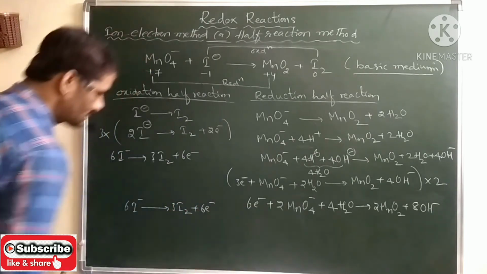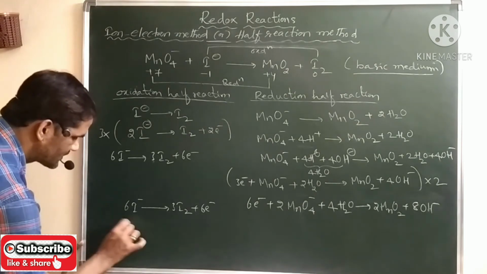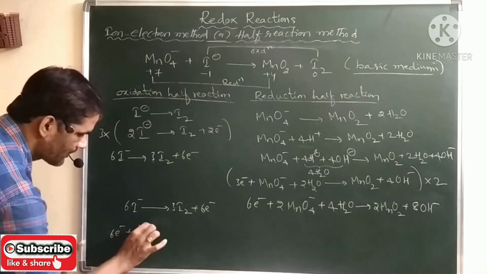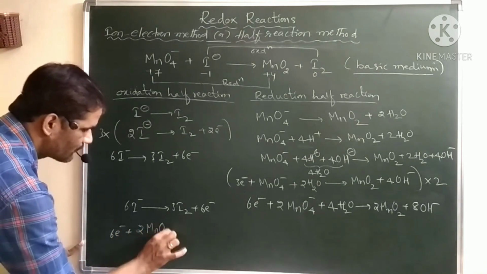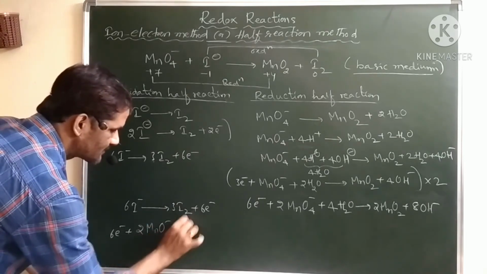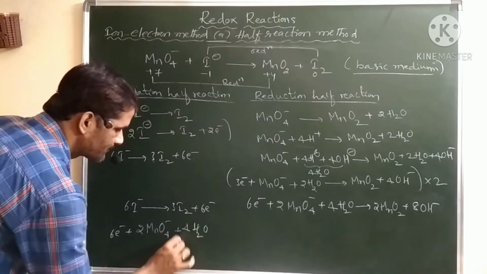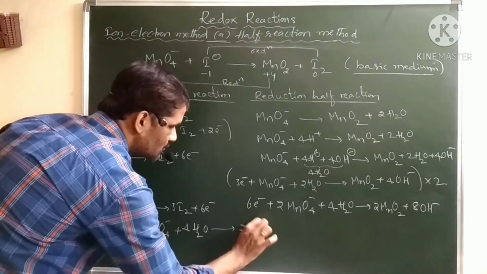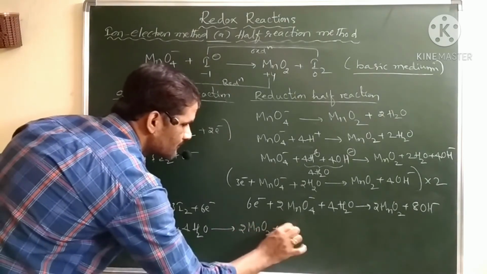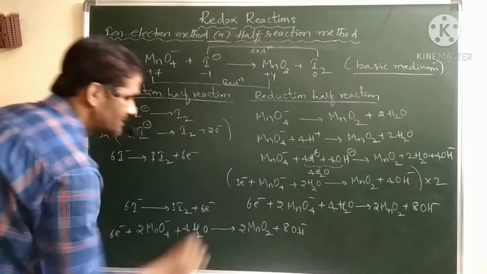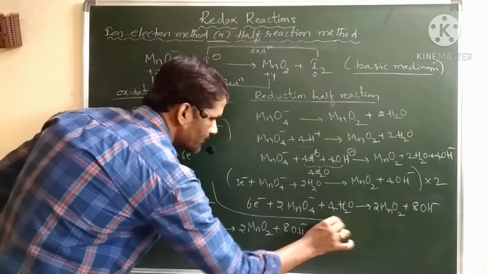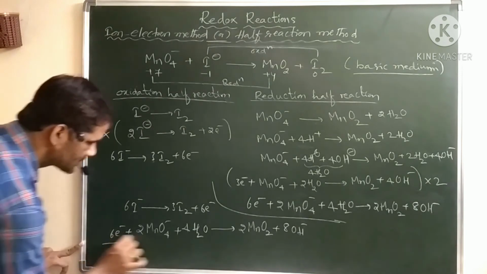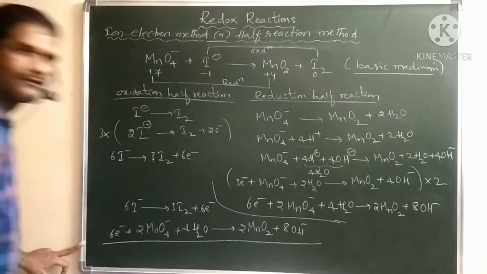And the reduction half reaction: 6 electrons plus 2 MnO4 minus plus 4 water molecules is giving rise to 2 MnO2 plus 8 OH minus. Now we have to add both of these reactions to get the final equation.